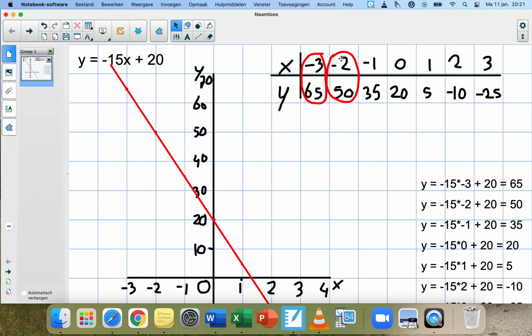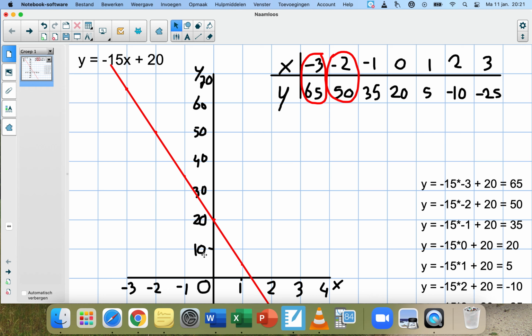To recap, step 1, the table, you fill in your own x values, usually minus 3 to plus 3. Step 2, we calculate all the y values, or actually that's still step 1 of drawing the table. The next step is drawing the coordinate system and then using your table to fill in the points.